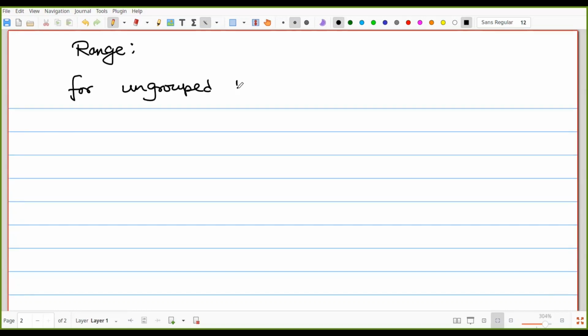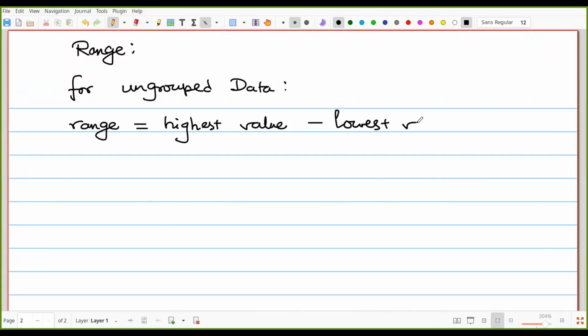For any ungrouped data, the formula is range equals the highest value minus the lowest value.